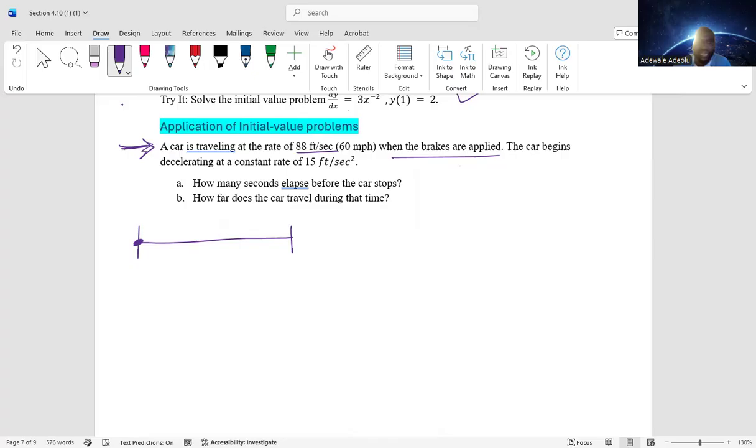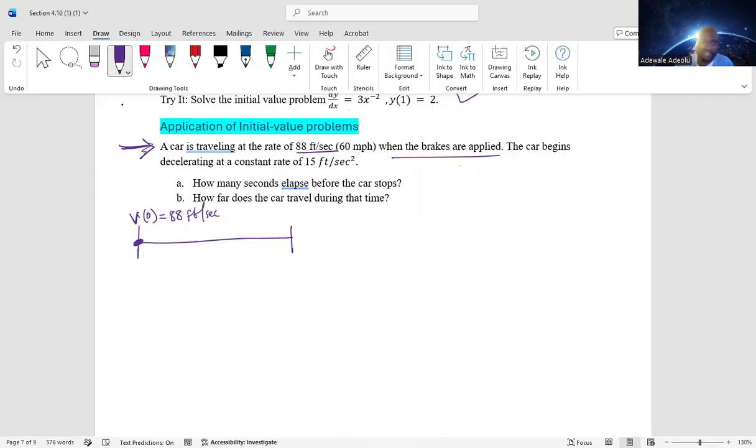I will call that time 0, because that is when I start measuring, when I apply the brake. That is when my time starts counting, right? At that point, the velocity is 88 feet per second.